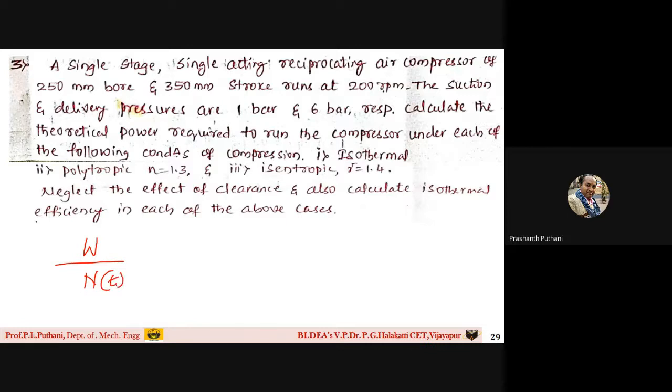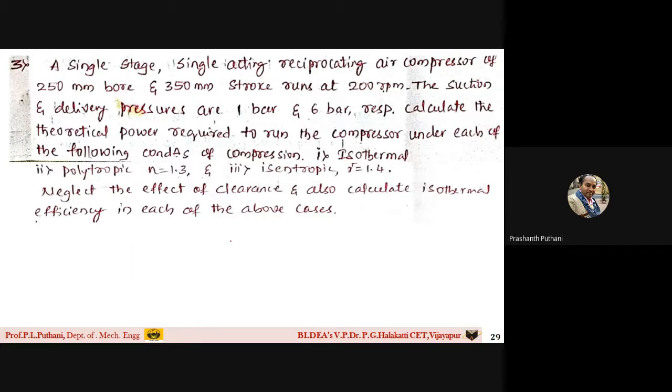The rate of doing work is nothing but power. Did you understand what I am saying? Power means you use the same work input equation for a compressor, only you should calculate it with respect to time. So if you multiply it by speed, you will get the answer in terms of kilowatt, that is power.